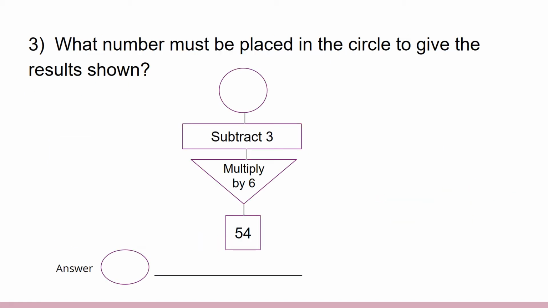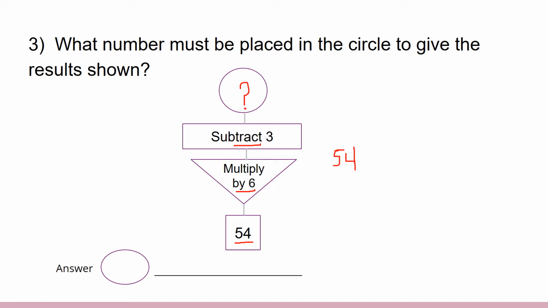Question number 3. What number must be placed in the circle to give the results shown? Now, what is the result here? We have something in the circle. Subtract 3, multiply by 6 will give us 54. So using the reverse process, starting from the answer, we would get 54.